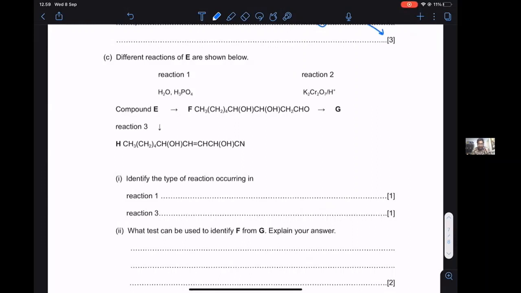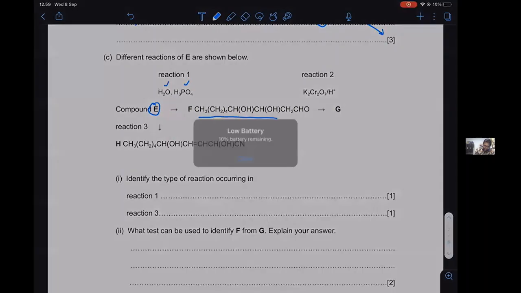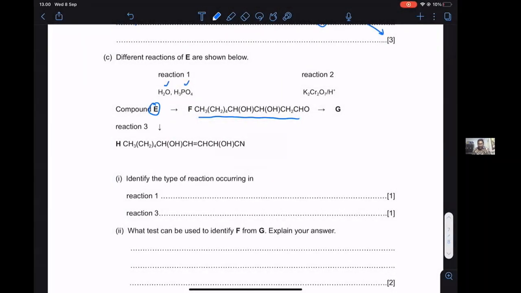Now, different reactions of E are shown below. So E will react with water and phosphoric acid, and then I'm going to get this. And then they will react with this, oxidize, and I'm going to get G. So E is also going to react under reaction 3, and then you get something like this.